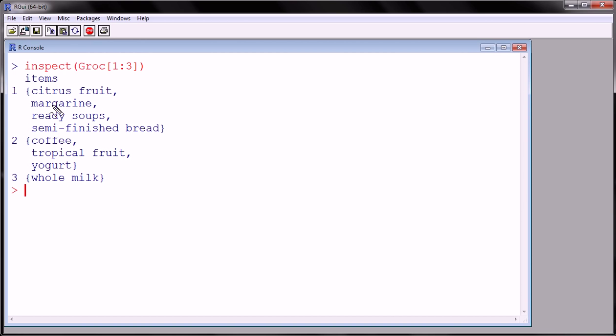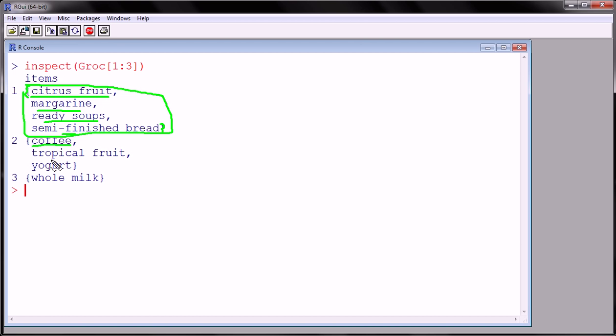Okay, so we recall from when we looked at the original raw data that the first transaction was for citrus fruit, margarine, ready soups, and semi-finished bread. That definitely rings a bell for me. And you see these squiggly brackets, that's set notation.